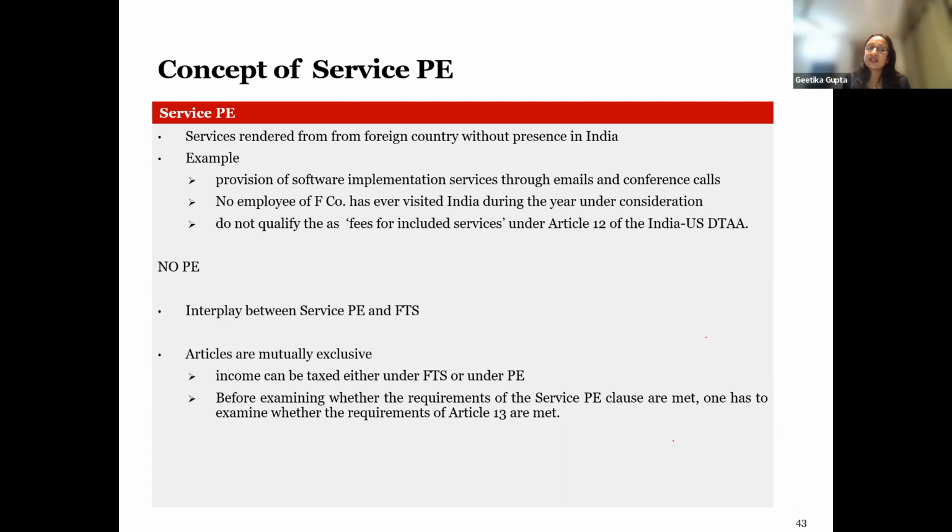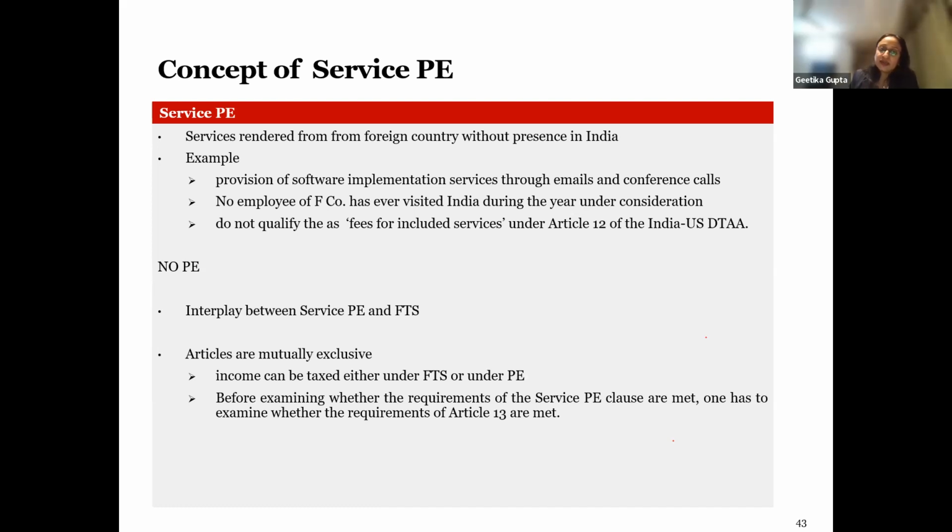So the question is, and again, a third condition, let's assume it doesn't qualify as fee for included services under Article 12 of Indo-US, whether it results in a P. The answer is no, because no person has visited India. And this is settled by various judgments, I think E-Fund, Supreme Court. It was settled that furnishing of services within India has to be there.